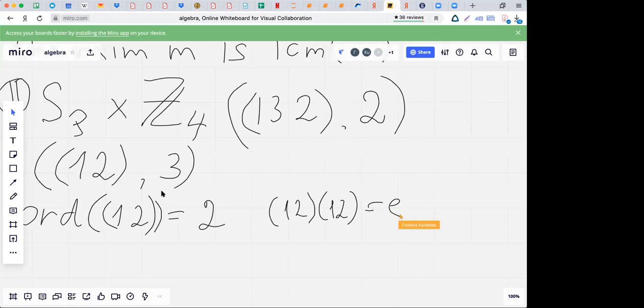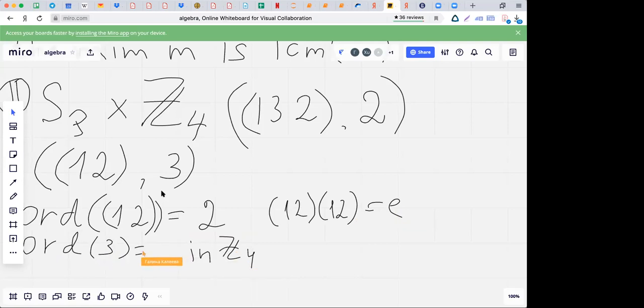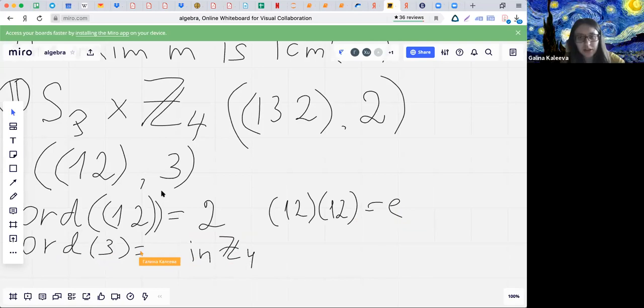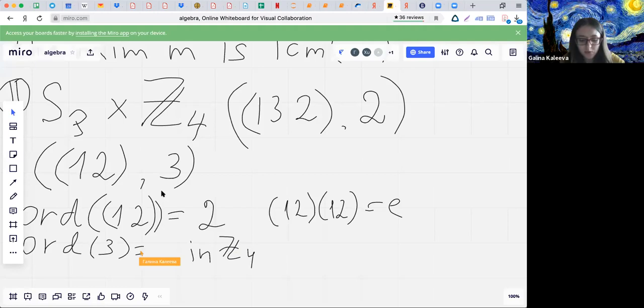So, what is the order of 3 in Z4? 3 plus 3 is 6, modulo 4 is 2. 2 plus 3 is 5, modulo 4 is 1. And 1 plus 3 is 4, which is 0. So it's 4.